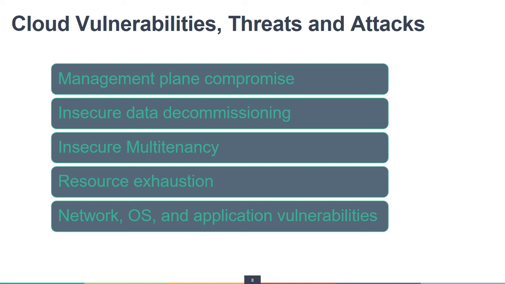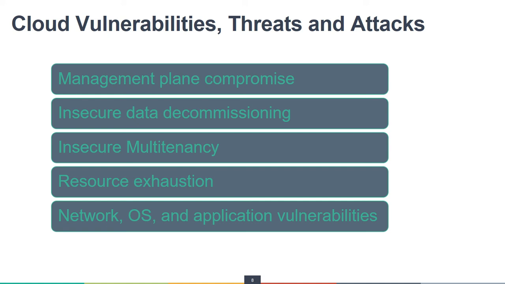Resource exhaustion: if one VM is attacked, then that can be misused to exhaust all the resources on that particular server, because that server is being used by multiple tenants. And if one VM is hacked, then all the other machines will get impacted.